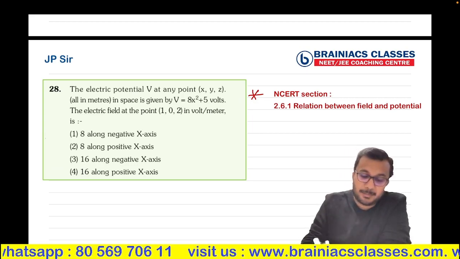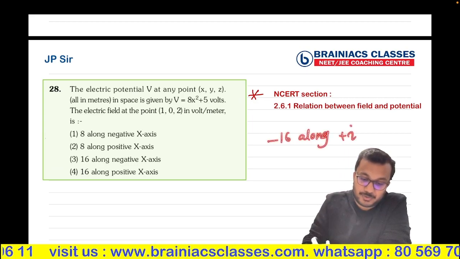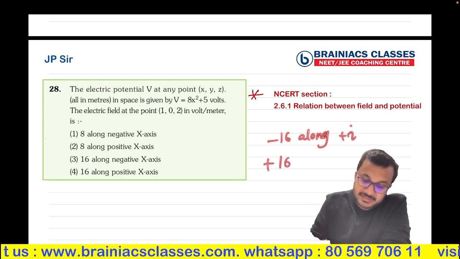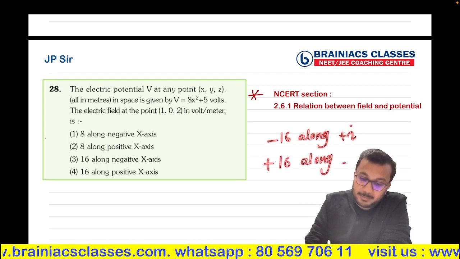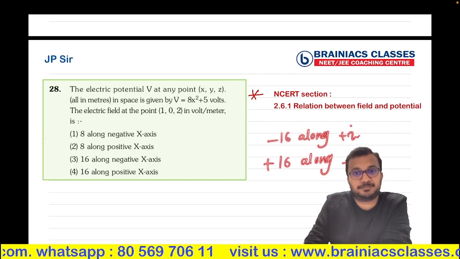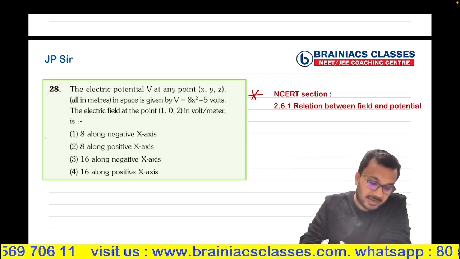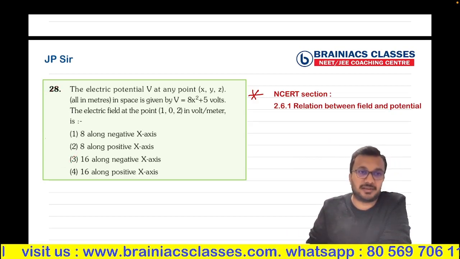Or you can say minus 16 along the plus i direction, or plus 16 along the minus i direction. Both are actually correct explanations. That's it. So question number 28 is over, answer number 3, 16 along negative x.